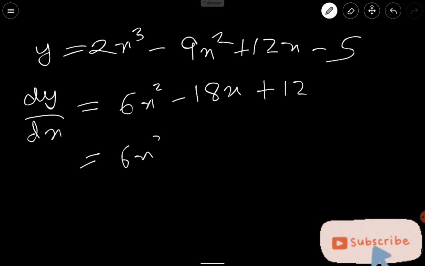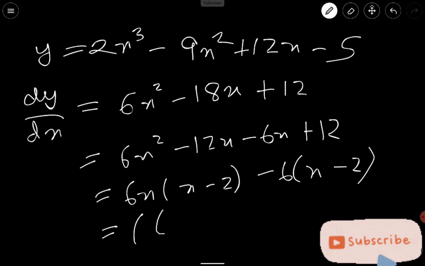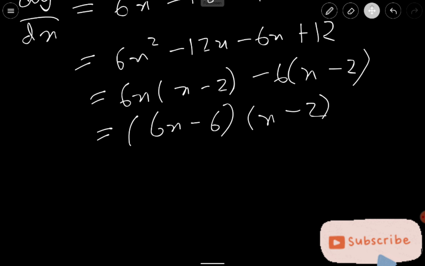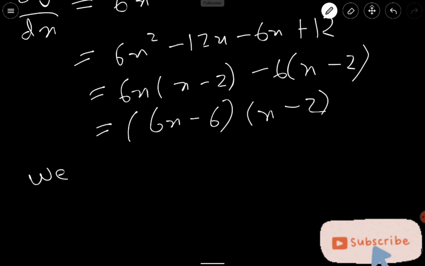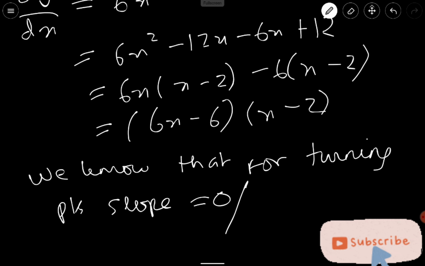So it will be 6x squared minus 12x minus 6x plus 12, which is 6x(x minus 2) minus 6(x minus 2), which is 6(x minus 1)(x minus 2). So we know that for turning points, the slope is 0, or dy/dx is 0.